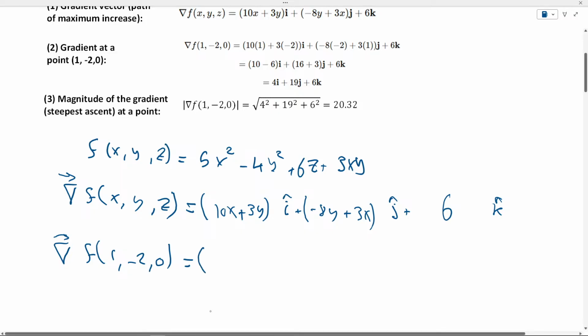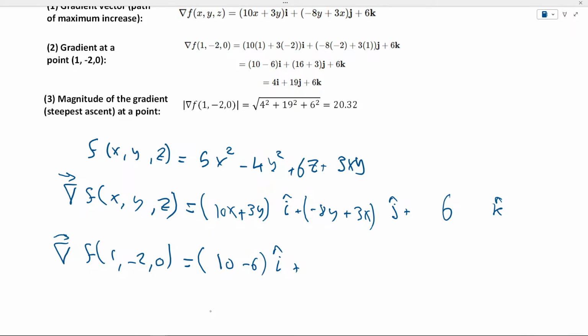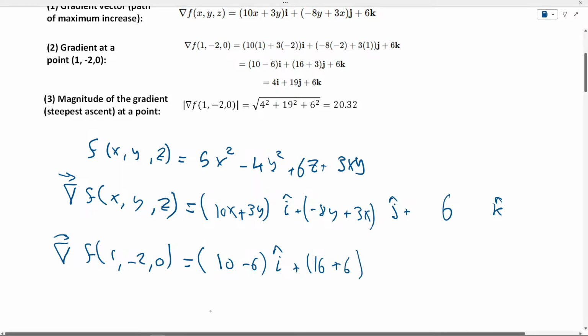Basically that would be 10 times 1, that's 10, plus 3 times -2, that is -6, and that is in the I direction, plus -8 times -2, that is 16, and then 3 times 1, that is 6, and that is in the J direction, plus 6k.